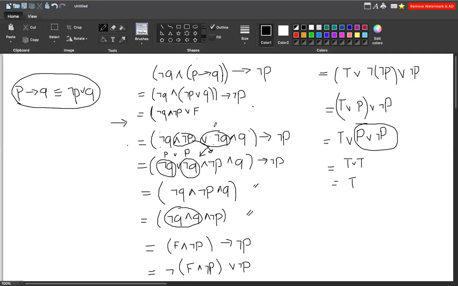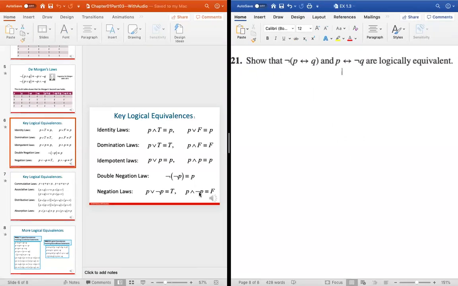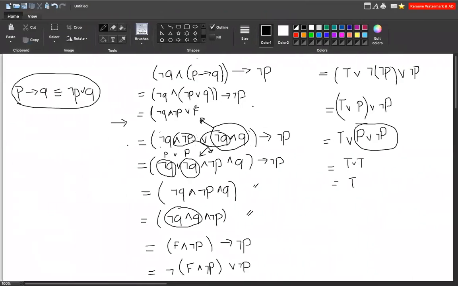So you're basically trying to simplify negation of Q or negation of Q, right? So you're replacing this with false, right? Yeah, it could absolutely be done in this way. So here, negation of Q and Q, you're using the negation law here. So of course it can be done that way too. Okay, thank you. But the eventual solution will be this true, which is the most simplified solution that can ever be reached for this propositional statement.